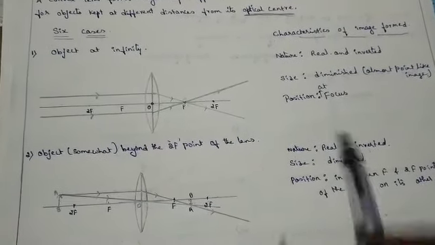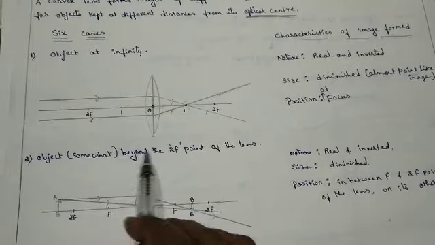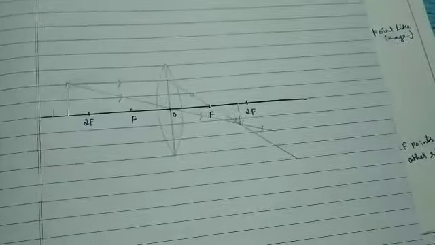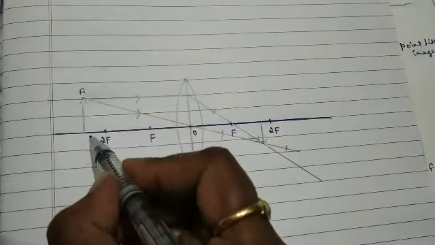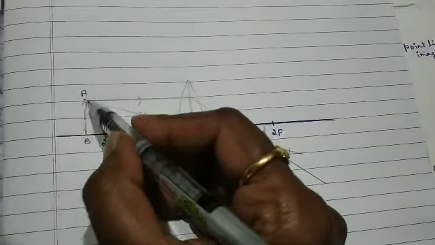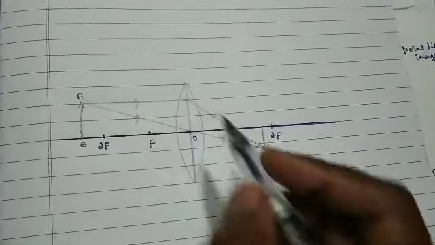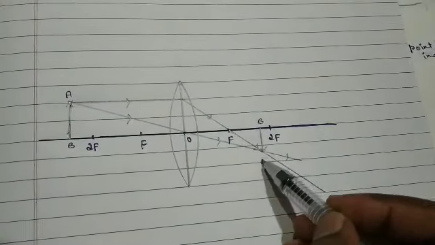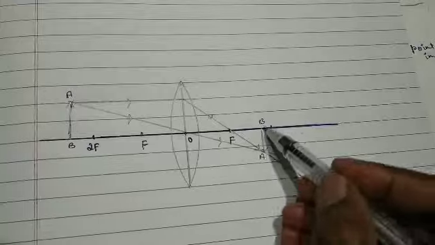So we'll go for the third case. But before going to the third case, let me show you how the size of the image is smaller by using a ruled book. So here you can observe clearly, children. This is the height of the object. I have taken the height of the object as 2 lines, 2 distance. And here you can see the height of the image is in inverted fashion.